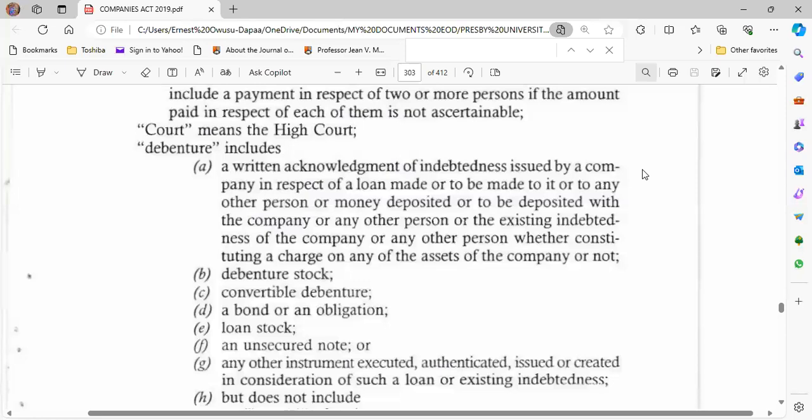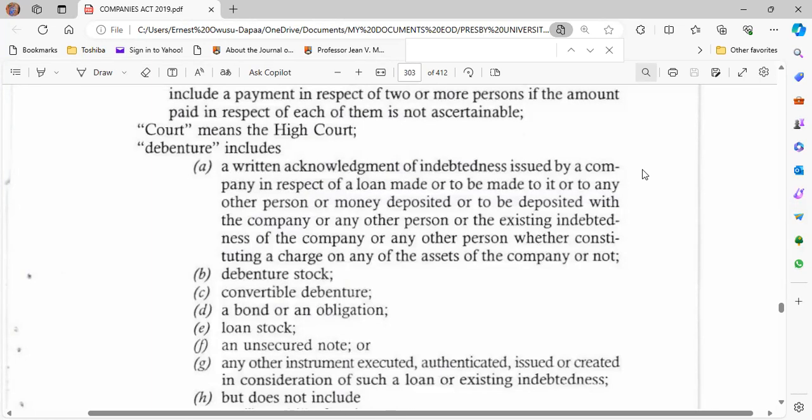Debenture is a debt, as I said, but it's a debt which is evidence in writing. So you cannot just say that you're a debenture holder and you have no document to prove it. If the company is owing you by word of mouth, yes, you may be a creditor of the company, all right, but for the strict purpose of debentures, you would not be treated as a debenture holder because the debt you have against the company is not evidence in writing.